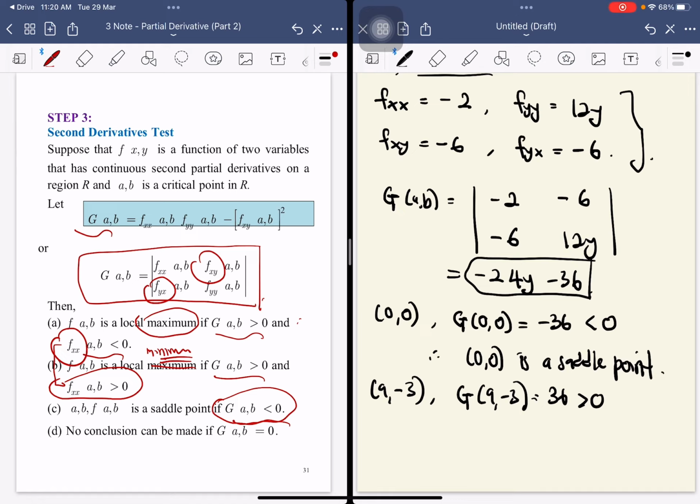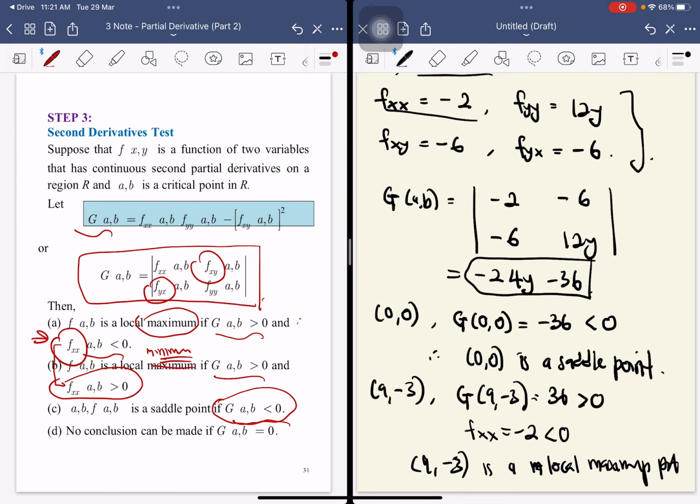For this function, fxx is equal to -2, which is less than 0, so it falls into this condition. It means that the point 9, -3 is a local maximum point. That's how you solve it and finally declare, by using the second derivative test, the nature of each critical point that you figured out.